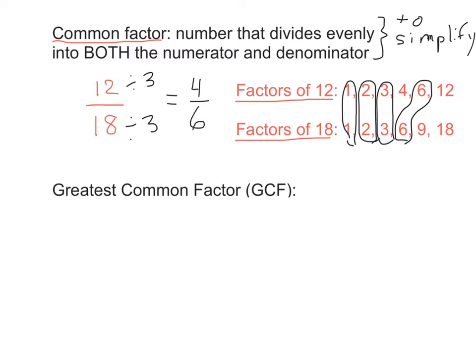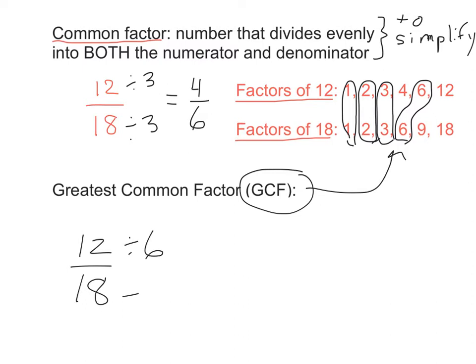If I would choose the greatest common factor to begin with, which in this case of all these common factors, 6 is my greatest, so I could choose the greatest common factor of 6 and take 12/18 divided by 6. I would get simplest form in one step, which is 2/3. That's what we would have gotten up here on top if I divided both of those by 2 again. I also would have gotten 2/3, just like down below.